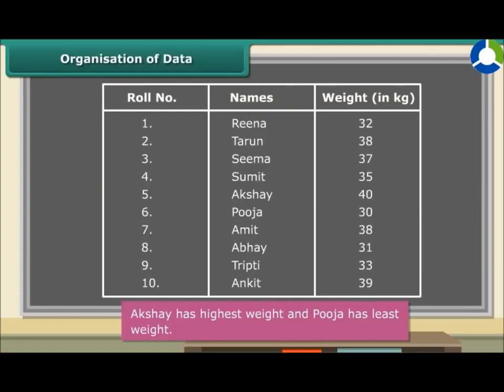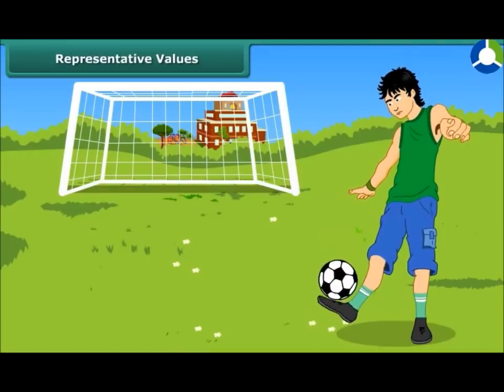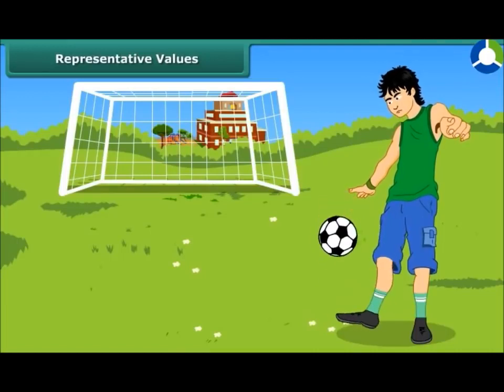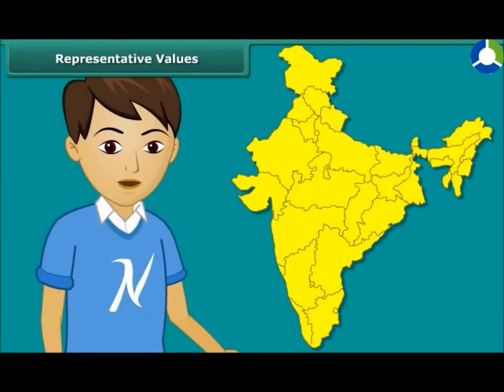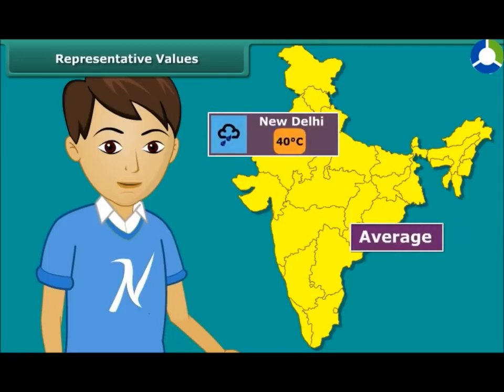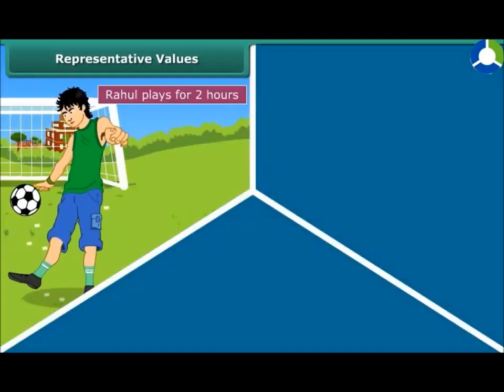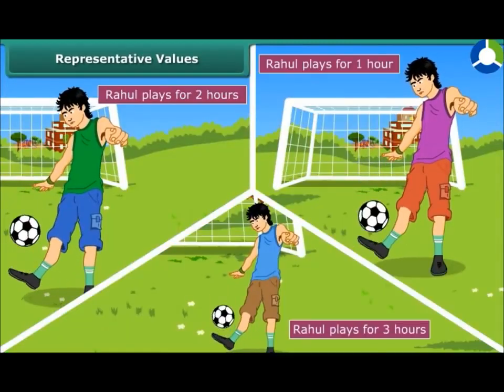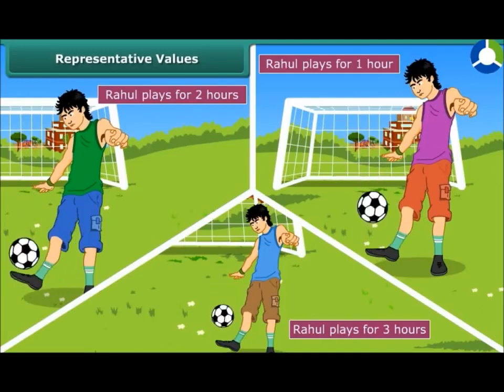We can put many kinds of data in tabular form. Rahul spends on an average of about 2 hours daily for his outdoor games. The average temperature of New Delhi at this time of the year is about 40 degrees Celsius. Have you noticed the word average? By average, we understand that Rahul usually plays for 2 hours.